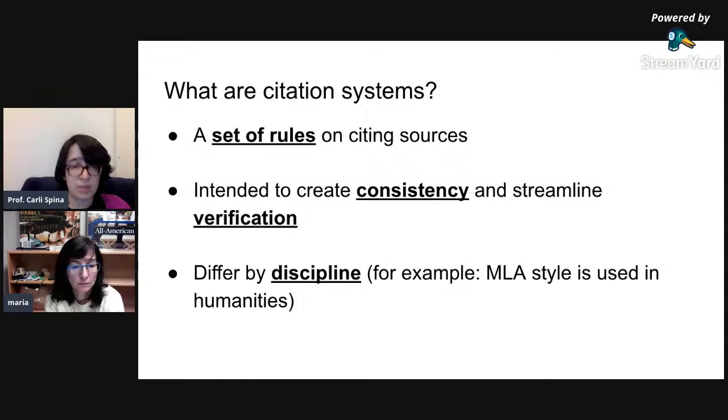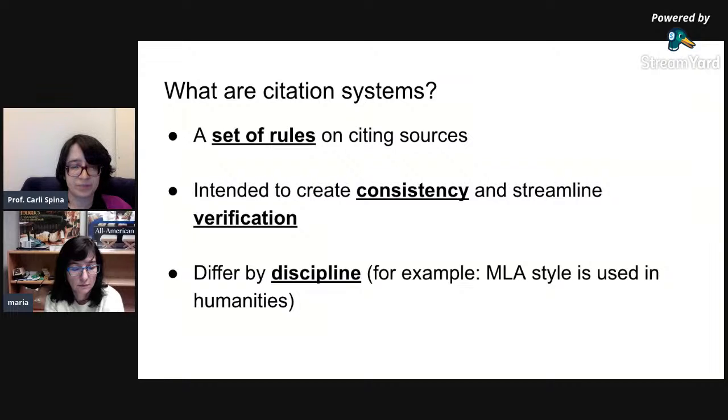Every discipline uses a different citation system. A discipline like history of art or sociology or law has its own citation system, so people can know that there'll be consistency across different works in how they talk about what they're citing.